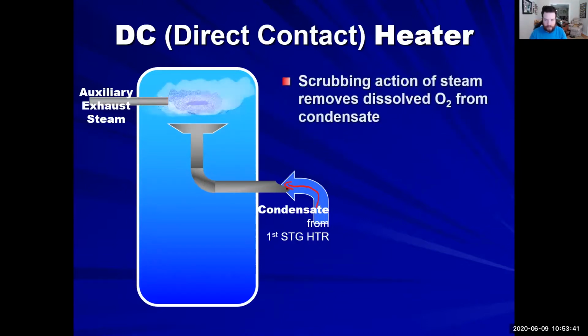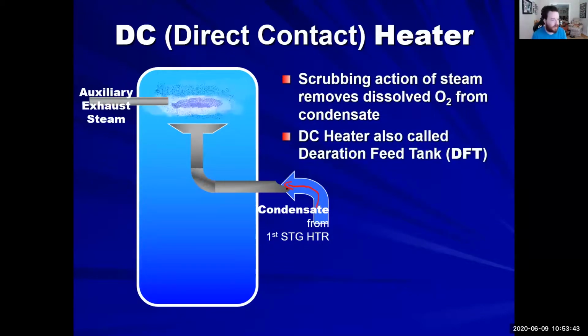What we're trying to do there is a scrubbing action, like scrubbers and stuff like that. We're scrubbing the steam to remove any of the dissolved O2 in the condensate. The DC heater is also known as the DFT, the de-aerating feed tank. So we're poofing it up into the air, and then hitting it onto the side so we can remove any O2 from that condensate.